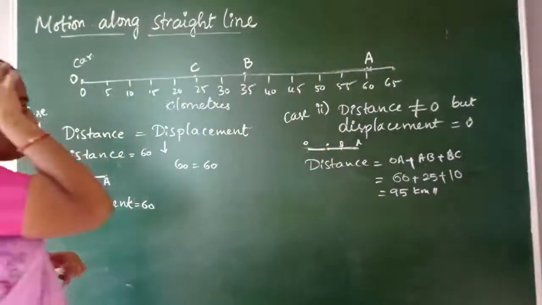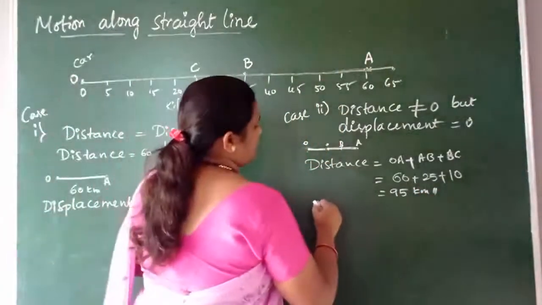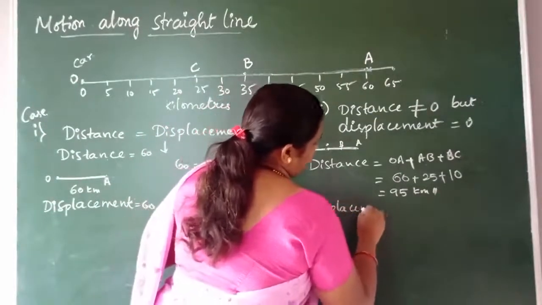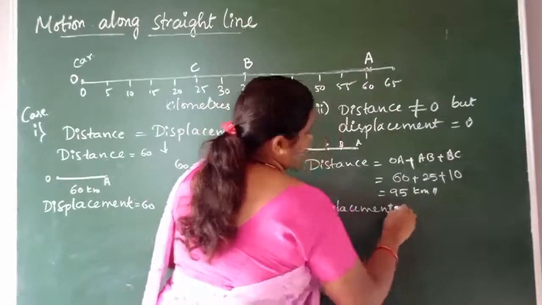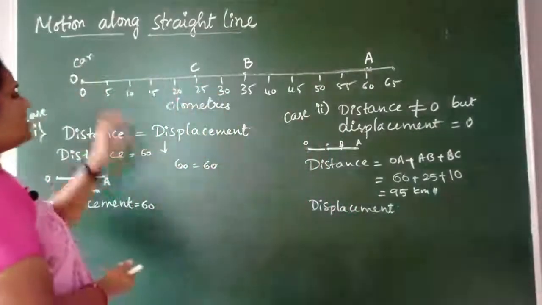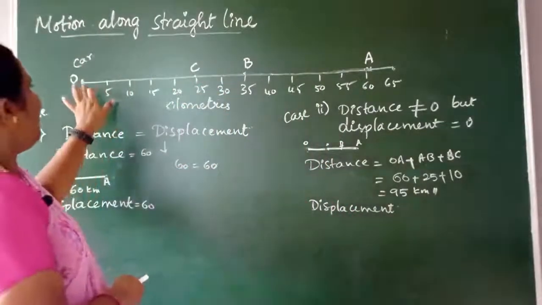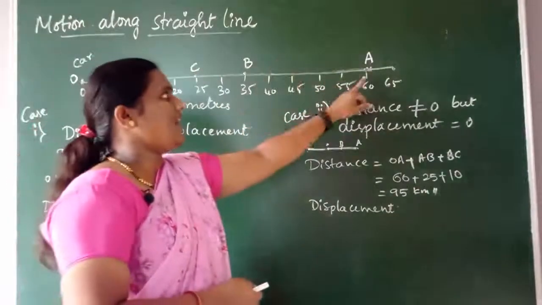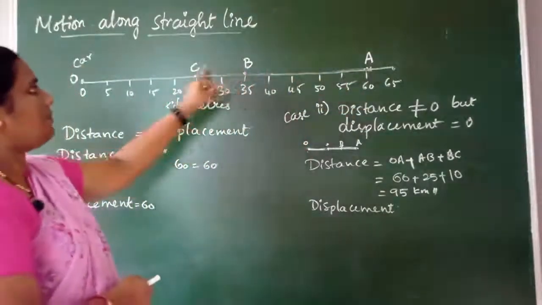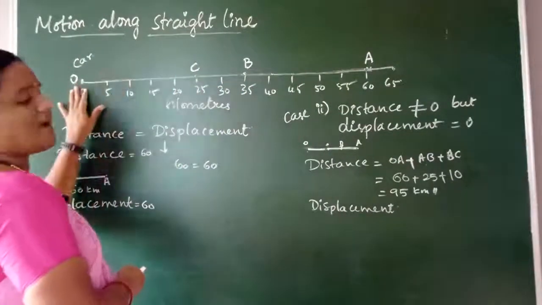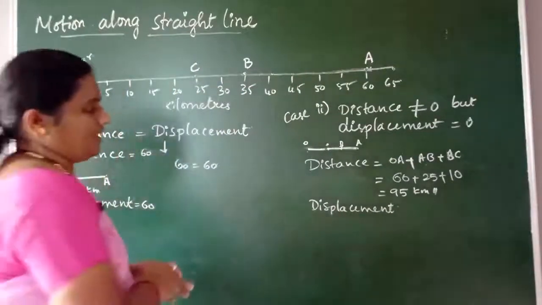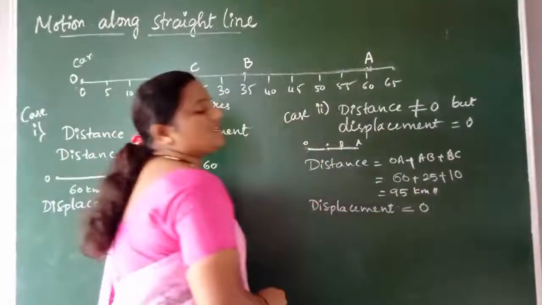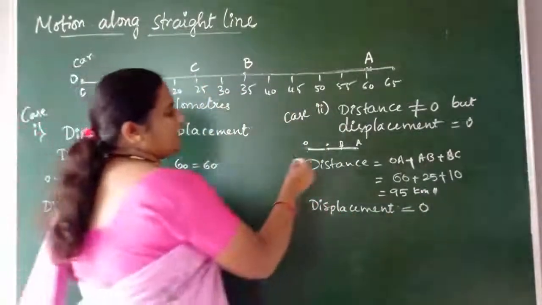Isn't it? So next here, the displacement. See children, here it is moving from O to A and then to B, and B to C it travels, and it goes back to the C position. Then at this time the displacement value will be 0. What is it doing?